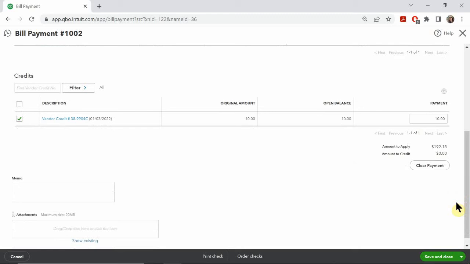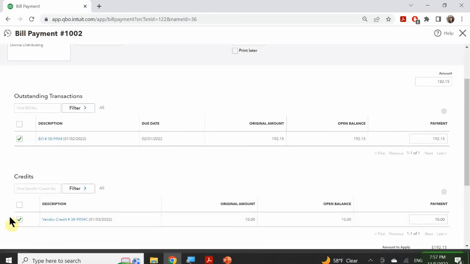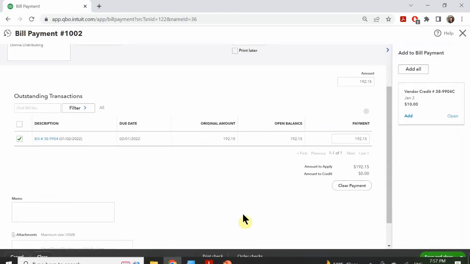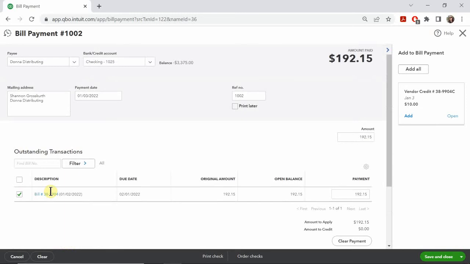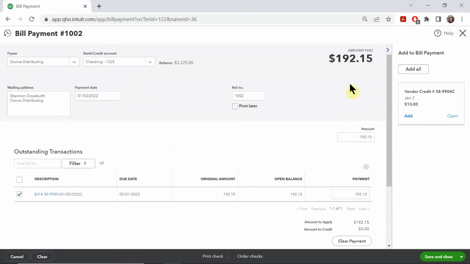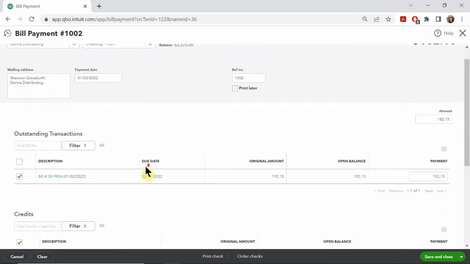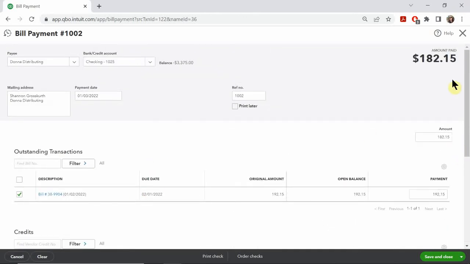Okay. Now, if you choose to not have this vendor credit apply, you can take it off. So then now you don't have it anymore, and therefore you have no credit and you owe $192. But in this case, I'm going to add it back in here. So then now I owe $182.15.